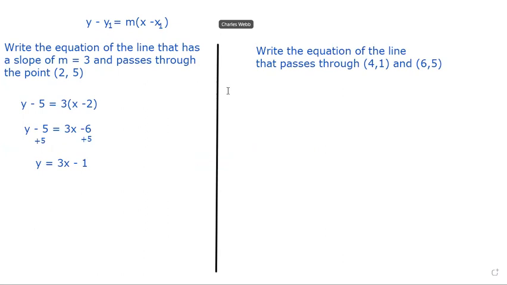But if we remember, we can always find our slope by y sub 2 minus y sub 1 over x sub 2 minus x sub 1. So even though they don't directly give us the slope, we have everything we need to find it.